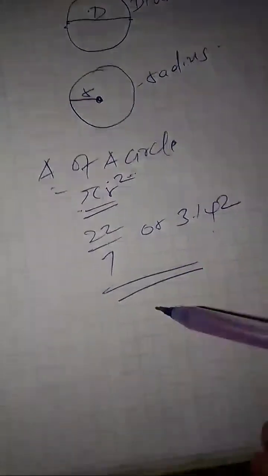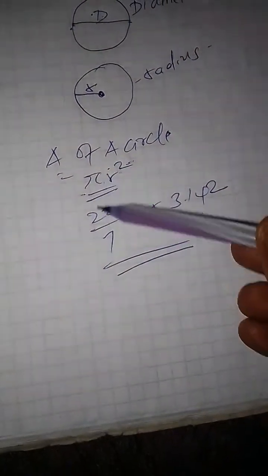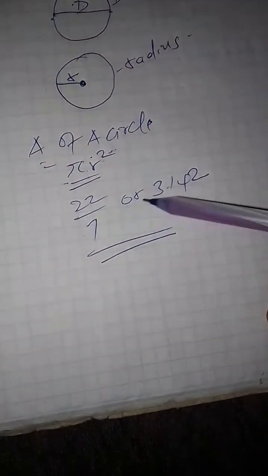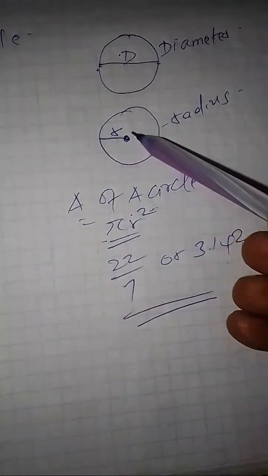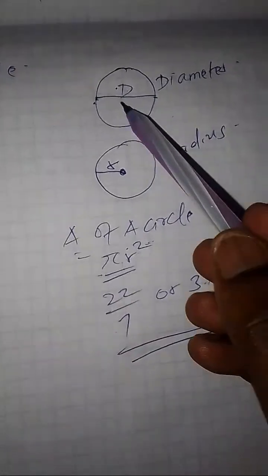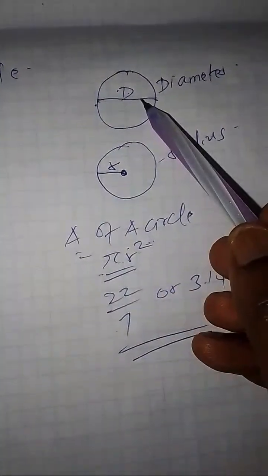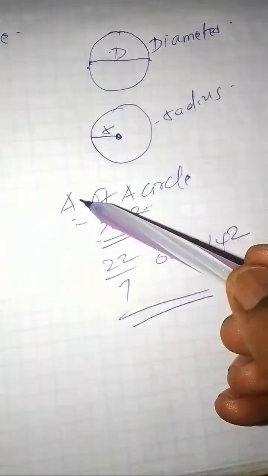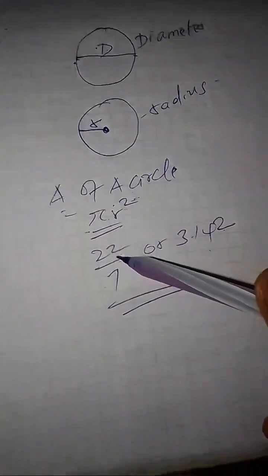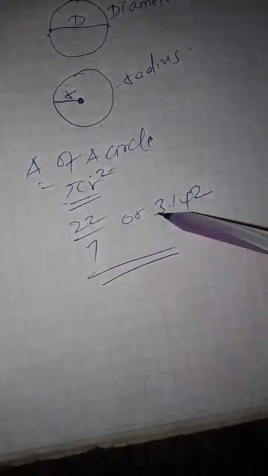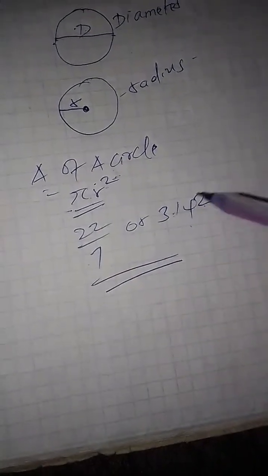So this is how we get the pi. This one is the radius of the circle, and this one is the diameter of the circle. So when you find the area, A stands for area, is equal to pi r squared, where pi is 22 over 7 or 3.142.